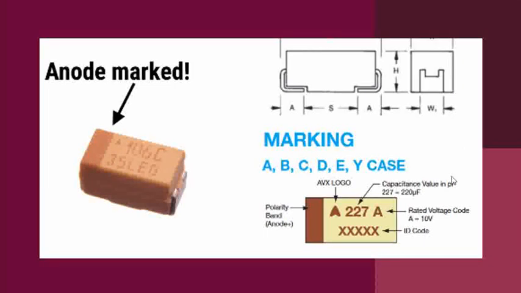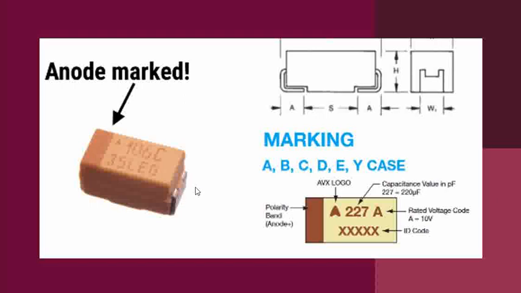The second component is the capacitor. This is a tantalum capacitor that we are seeing. Why we kept this part immediately after the diode is that this is a polarized capacitor.